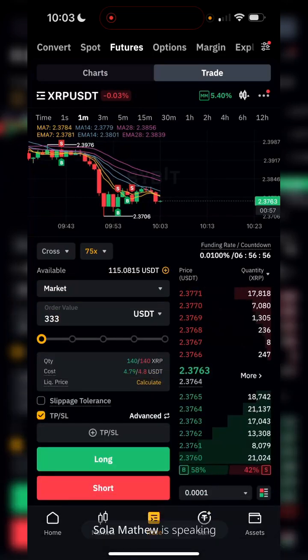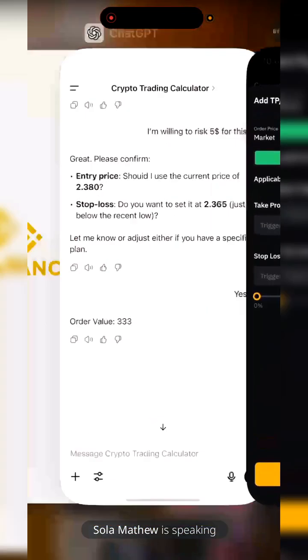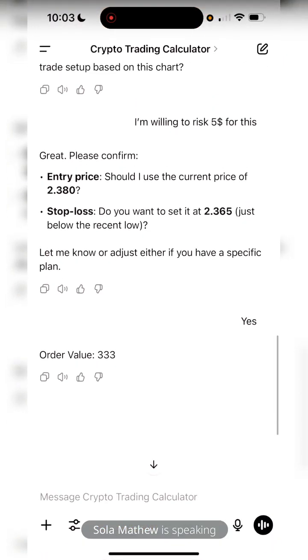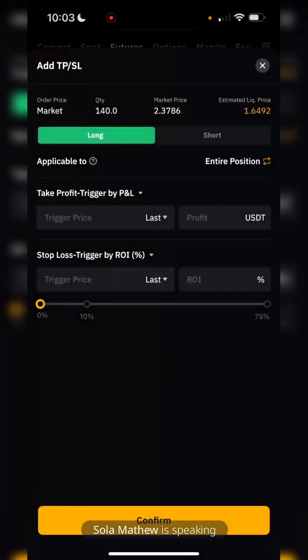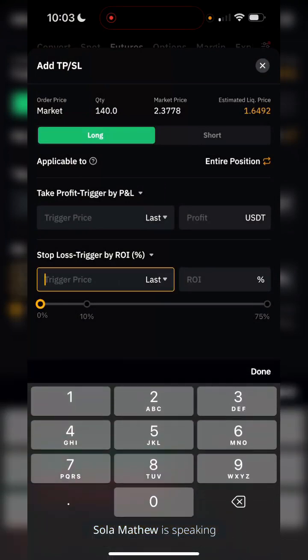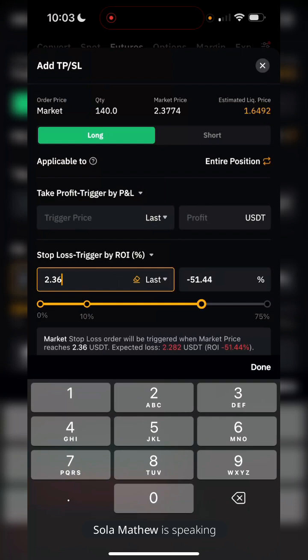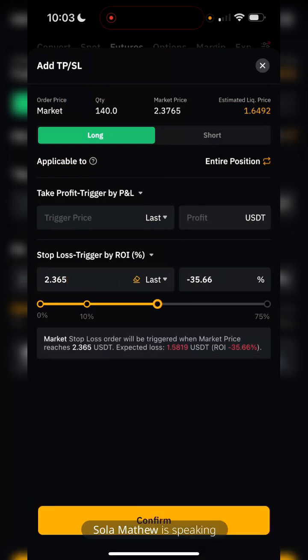Then the stop loss. What did they say we should put at the stop loss? Just below the reset? 2.365. So I'm willing to lose 1 point something. No, you have to do P&L.